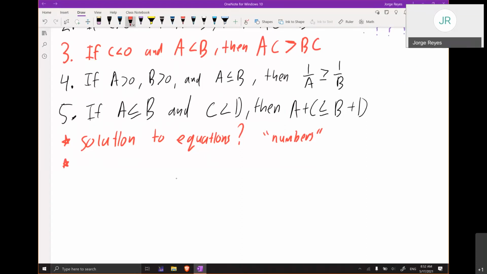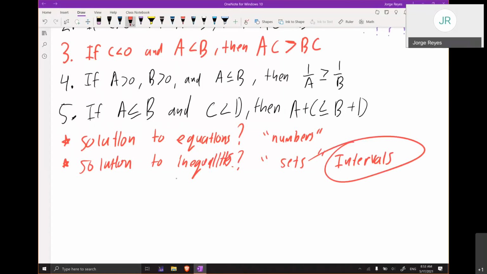Now that we're dealing with inequalities, what are the answers? The answers are sets, not numbers. Since the answers are sets, we're going to need to use interval notation. And that's why when I introduced interval notation on day one, I said it would be very important.